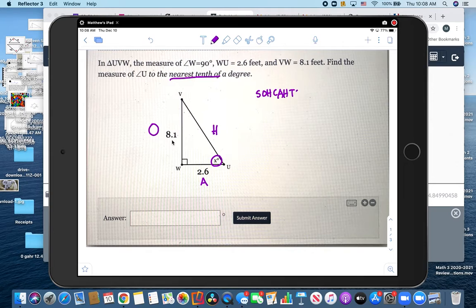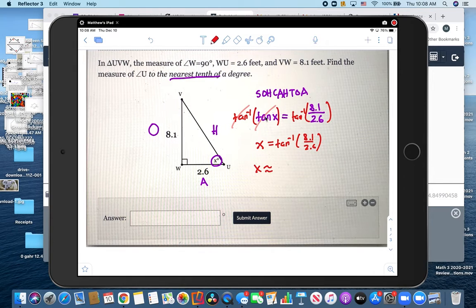Which one uses O and A? That is tangent. So tan of x is equal to opposite, 8.1, all over adjacent, which is 2.6. Now we're going to take the tan inverse of both sides. These cancel. So x is going to equal tan inverse of 8.1 over 2.6.